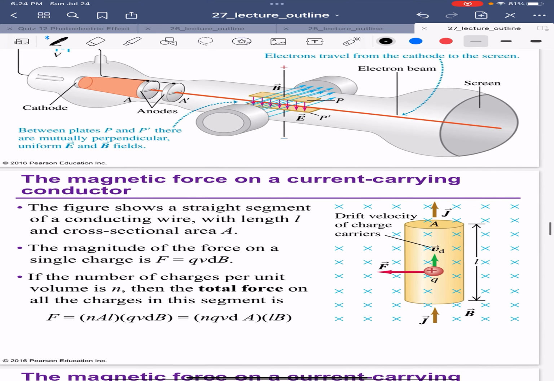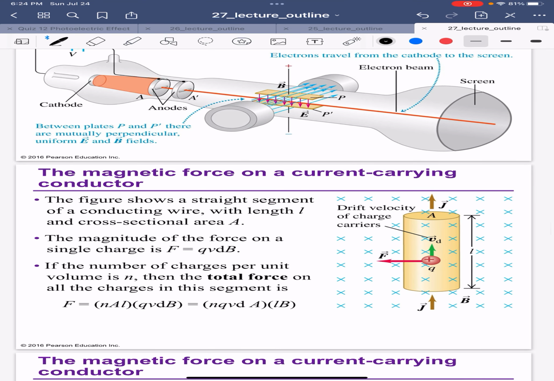Okay, this one here is really important, which is the magnetic force on a current carrying conductor. Now I have not only a single charge, I have many charges that are moving through this conductor.